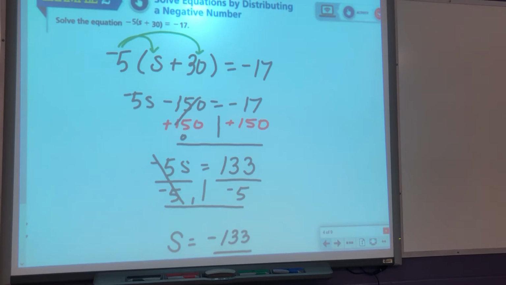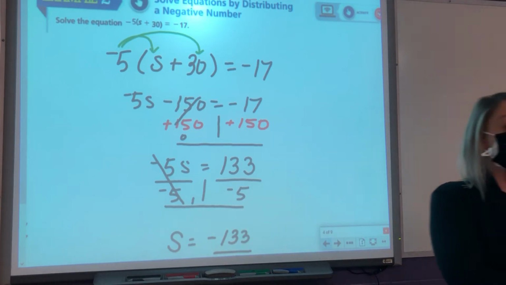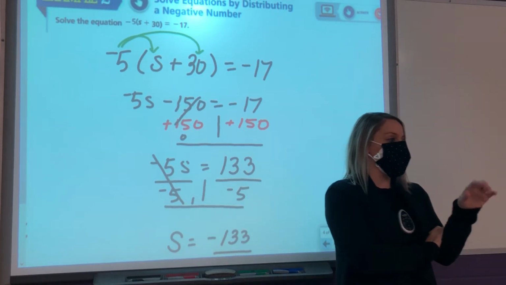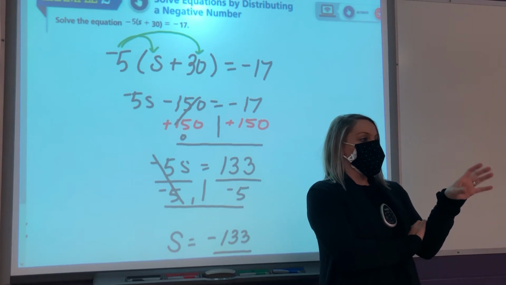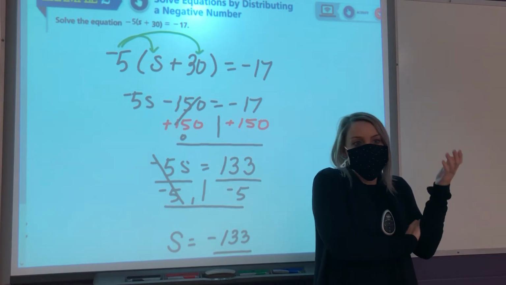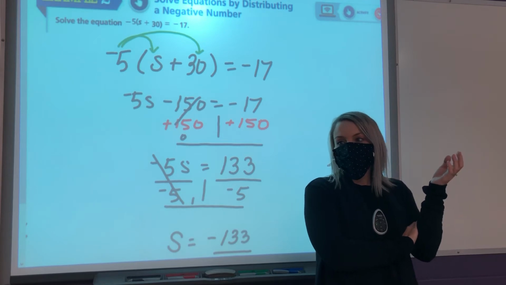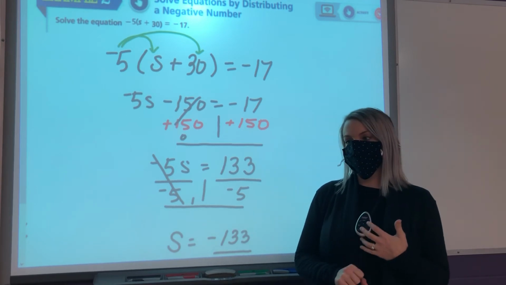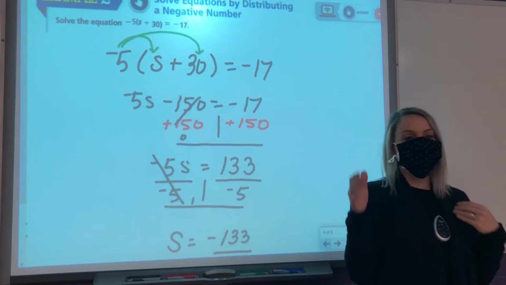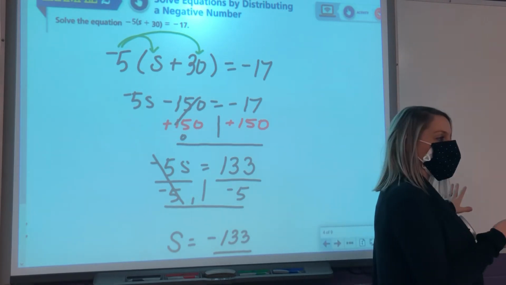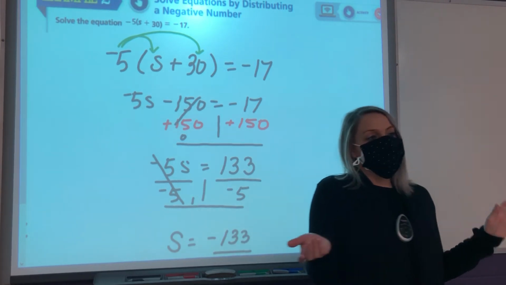Liam B, what do you think? You can't divide 17 into 5 equal groups. Right. So 17 is not immediately divisible by 5. Can I divide 17 by 5? Absolutely. But then I'm working with fractions. And if I can avoid working with fractions until the very end of my problem, I think I would rather do that.